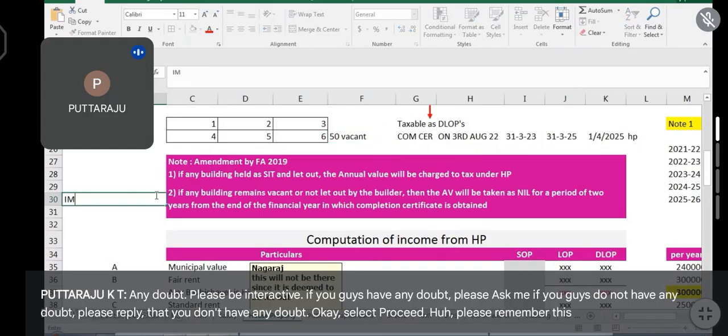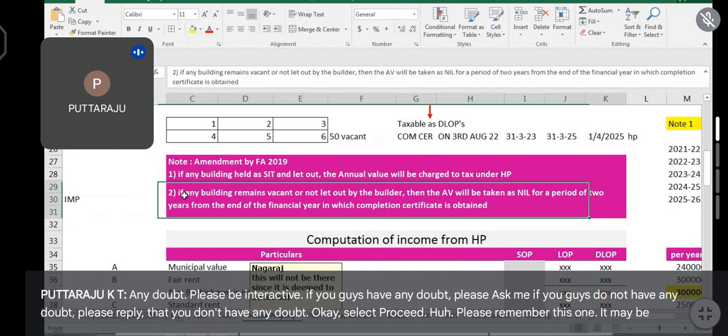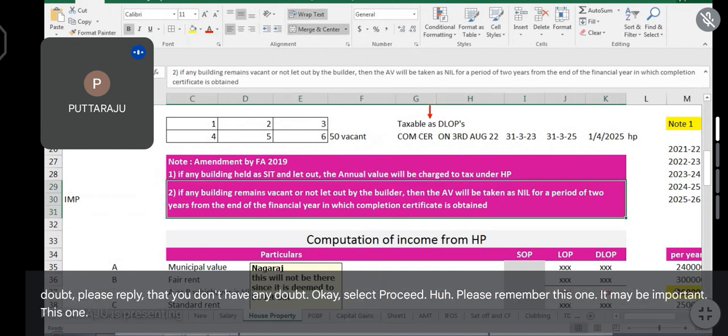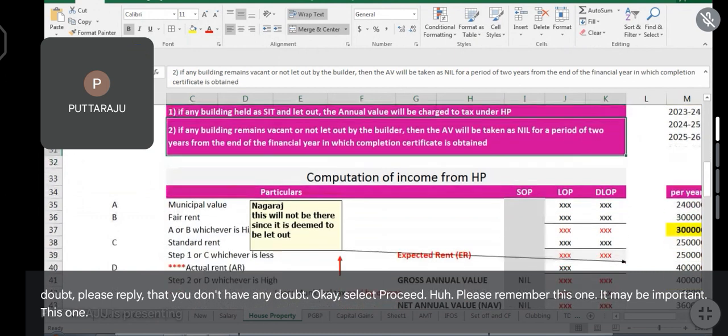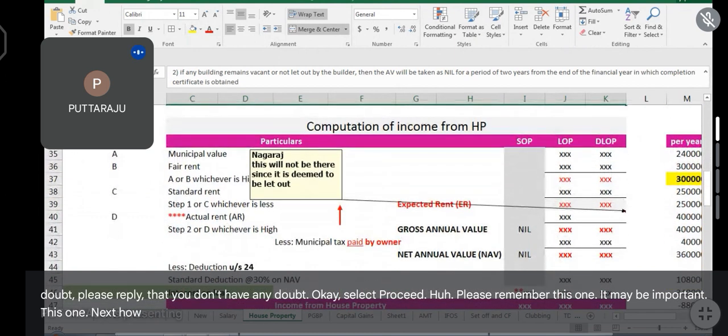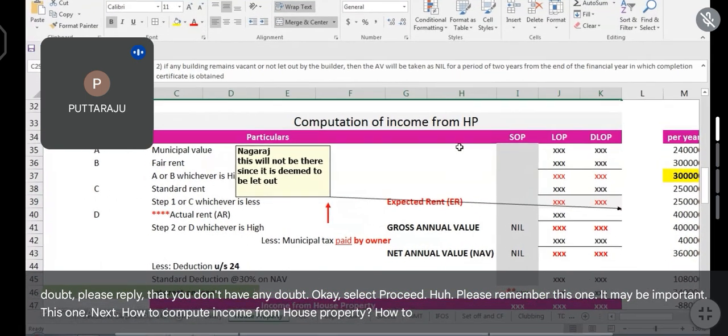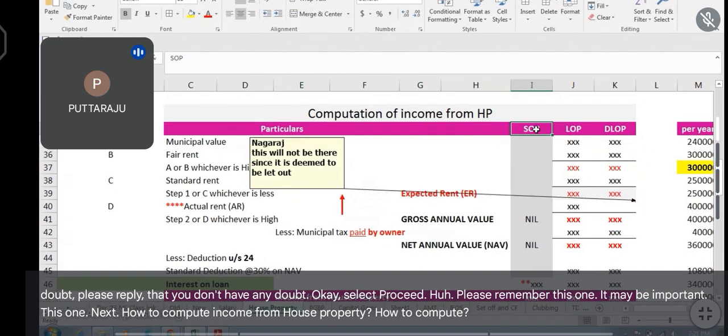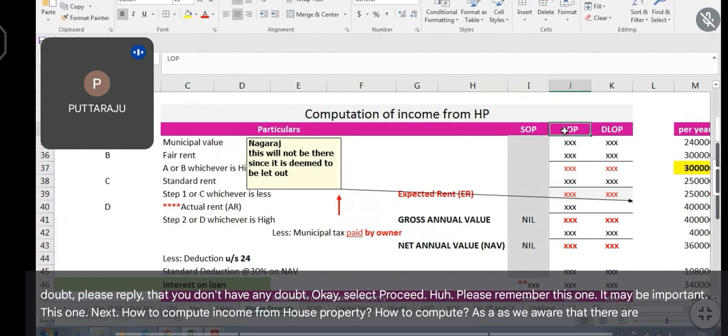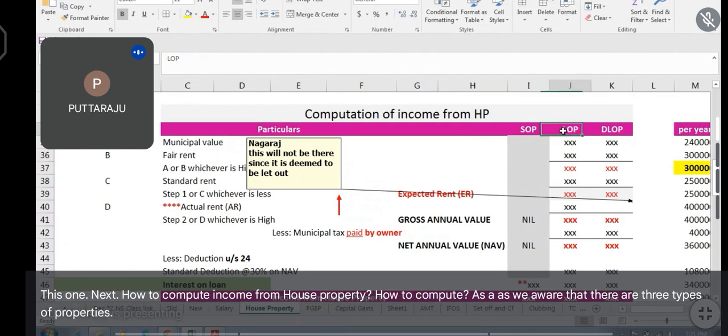Please remember this one, it may be important. Next, how to compute income from house property. As we are aware, there are three types of properties: self-occupied, let out, and deemed to be let out.